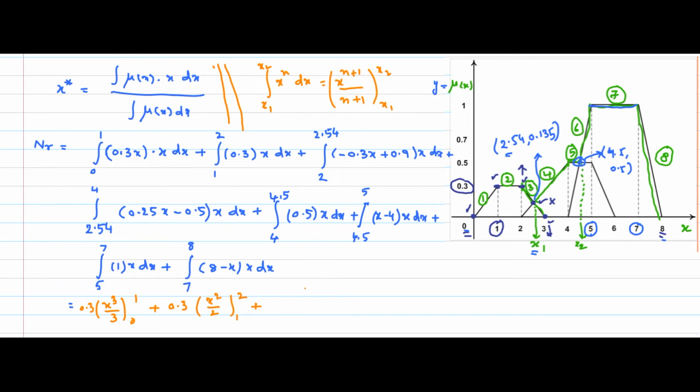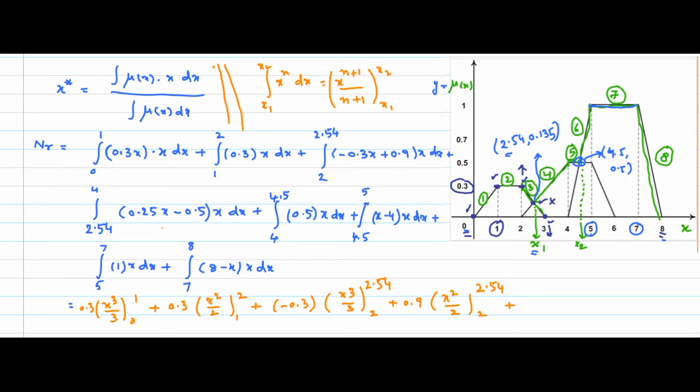Plus, it should be minus 0.3. Take out that minus 0.3 aside, and integral of x into x is x square again. So it should be x cubed by 3 from 2 to 2.54. Plus 0.9 into x, so 0.9 can be taken out, and x will be equal to x square by 2 from 2 to 2.54.